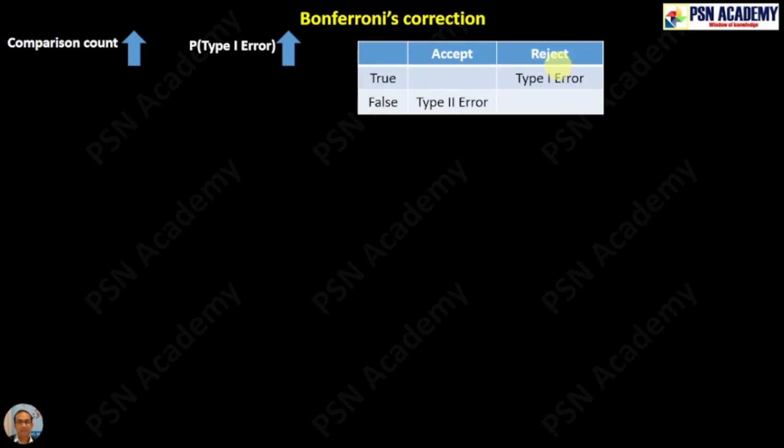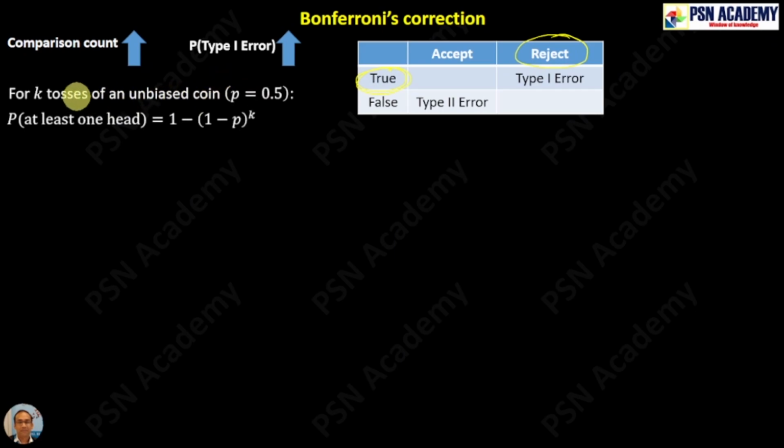Type 1 error is this one: the null hypothesis is true, but you reject the null hypothesis. This error is called type 1 error. If you have a long list of comparisons and you want to go for testing all of them, you will be in trouble with a high probability of type 1 error, right?